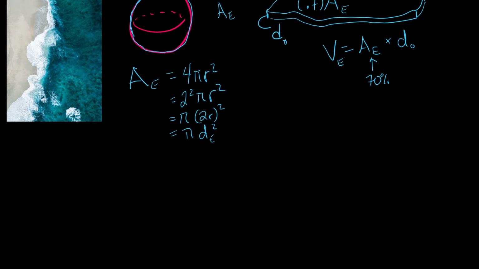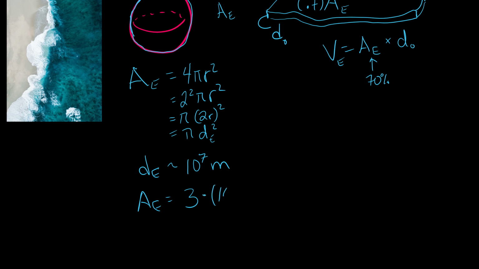So diameter of the Earth. Well, the diameter of the Earth is about 10 to the 7th meters. Okay, so to find the area of the Earth, I'm going to take pi, which is about 3. Again, this is all approximate. So I'm going to take 3 because that's easier to do math in my head.